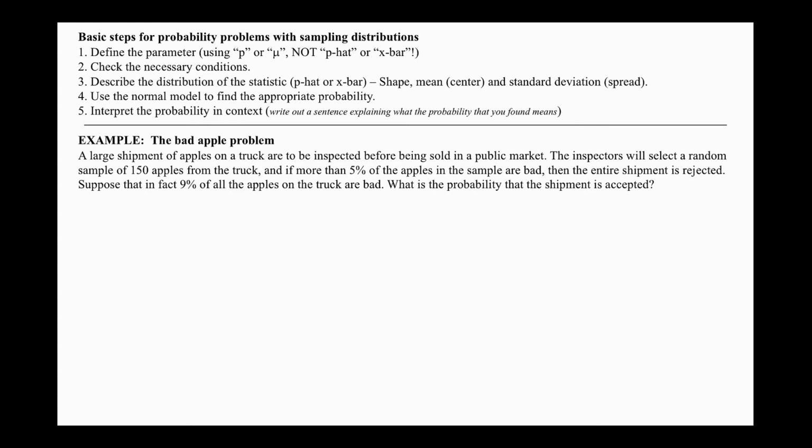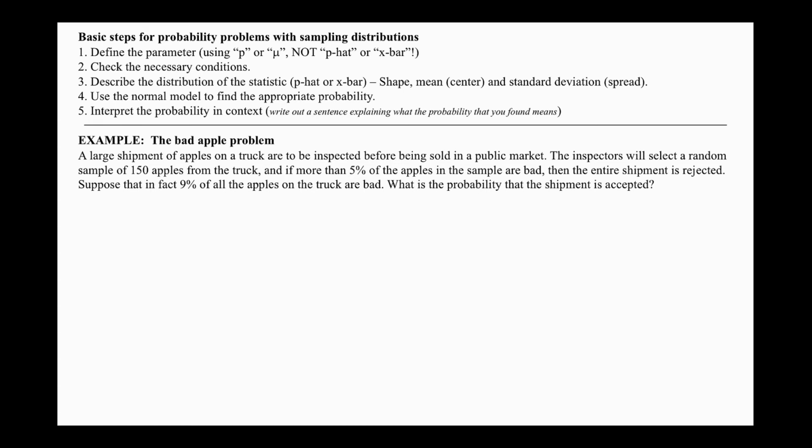Number 4, use the normal model, drawing it and all that, and then interpret it. Write out a sentence explaining what the probability that you have found means, in terms of the context, not average. Explain it.